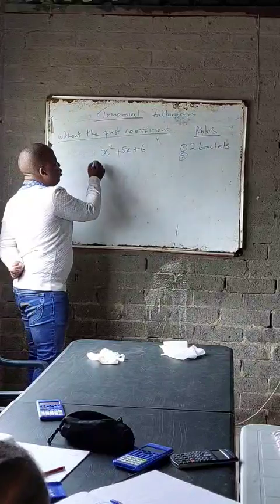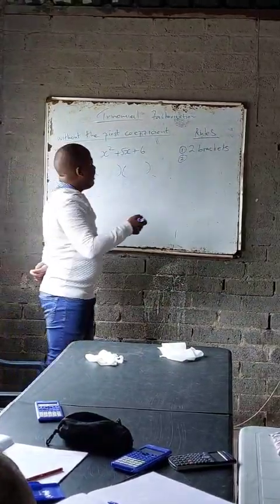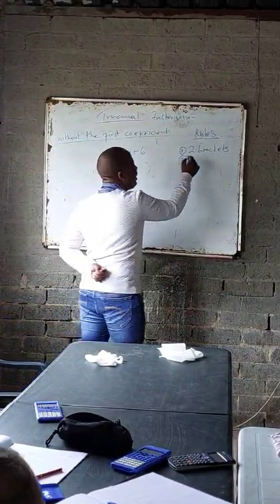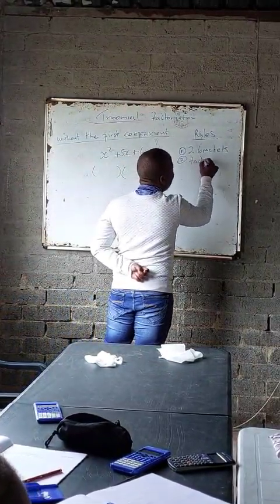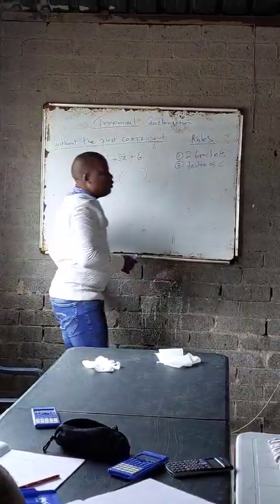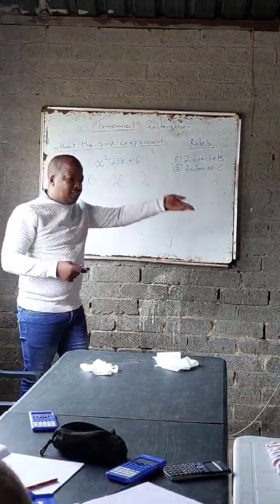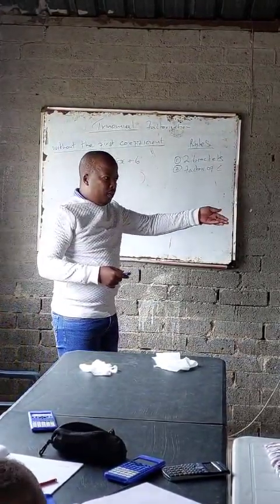After you open those two brackets, you have to make some decisions, right? The second step says you must find the factors of the last term, the factors of C. The last term, right? Yes.